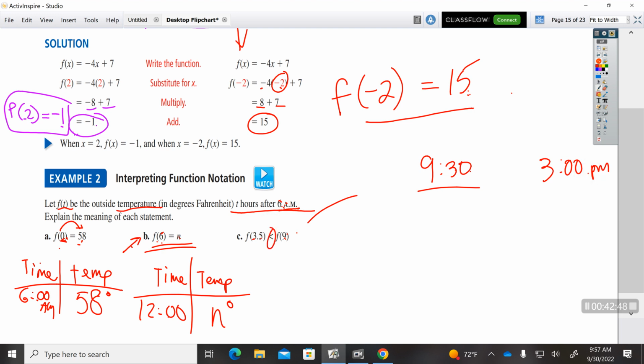What temperature was lower? This says less than, right? So that means that the temperature at 9:30 was less than the temperature at 3. Common sense is what they want. In words.